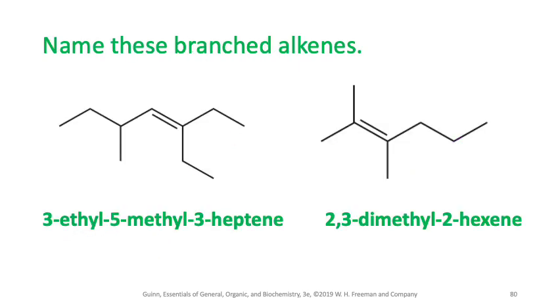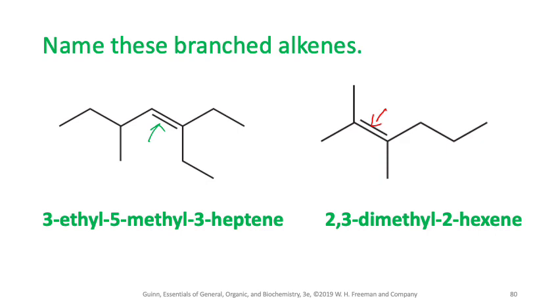Let's try to name these 2 branches of hydrocarbon. So I have a double bond over here, I can see it, and I have a double bond over here, I can see it, right? So that means this is an alkene, and we have to include the double bond in our counting when we count for the parent chain. Second, we have to try to give the lowest number to the double bond.